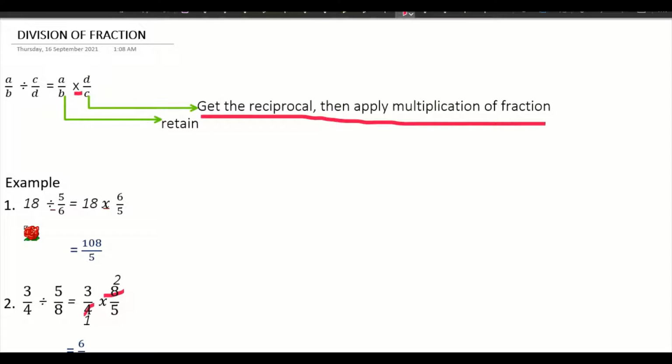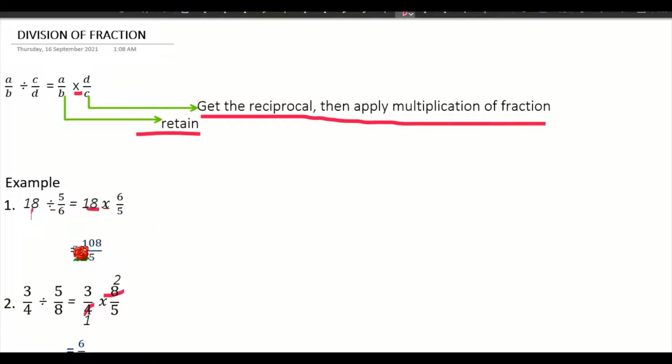Kung napansin nyo, we have here a whole number, right? But our whole number or any whole number, it is understood na meron siyang denominator na 1. So sa division of fraction, una natin gagawin, retain natin yung first fraction, yung unang given.